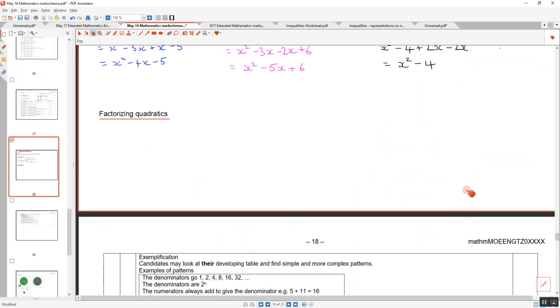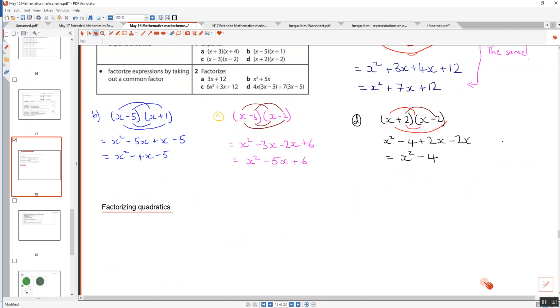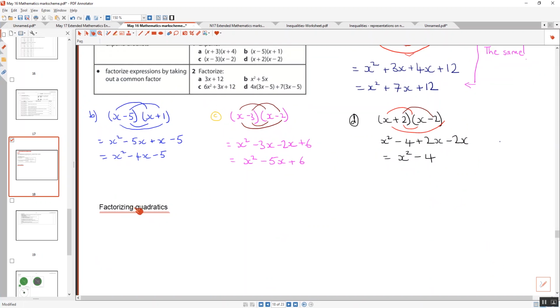Right, what does the word factorize mean? Put back in brackets. Okay, so if I want to put these back in brackets, so this is by taking out a common factor. What is the common factor of 3x and 12?